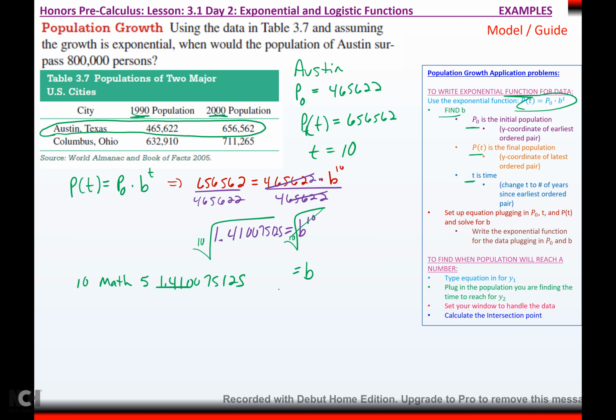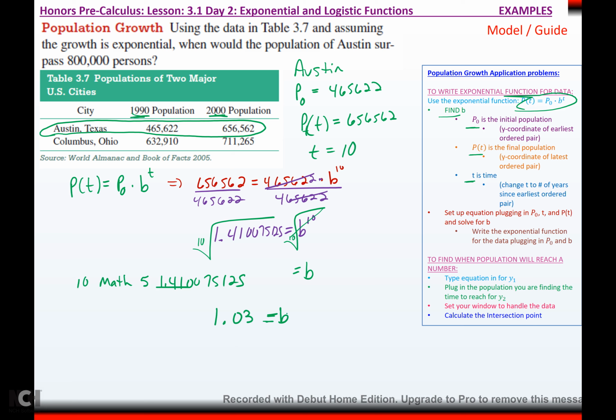So if I hit 10 and hit my math key, go down to choice 5 and type in, I'm just going to do second answer, enter, and I get B equals 1.034961573. Let's just call it 1.03.